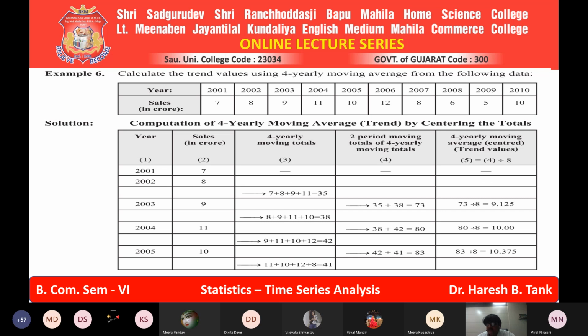What are the next sums? Can I get numbers? 36. Yes, 36 between 2006 and 7.